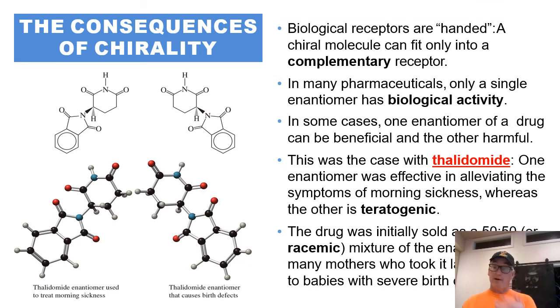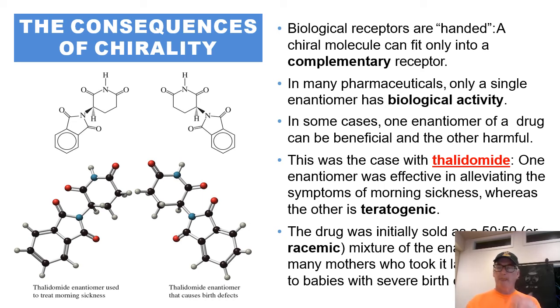A more important, sad story about chirality. You may have heard about thalidomide. This was a drug given in the 50s to treat pregnant women who were having morning sickness.